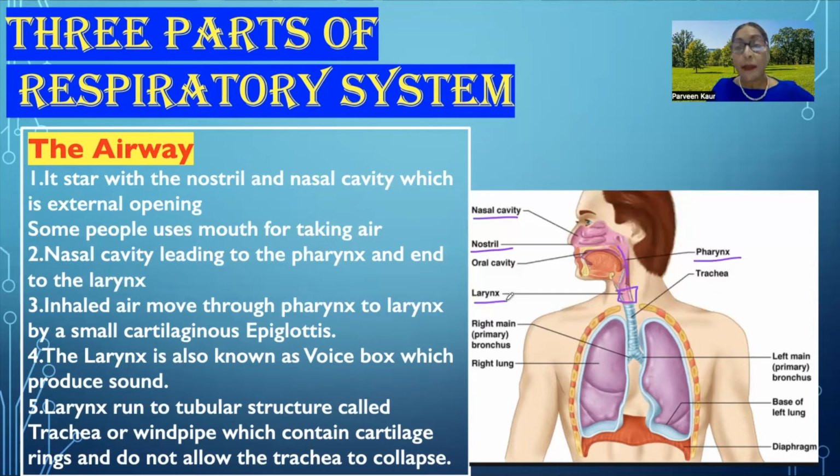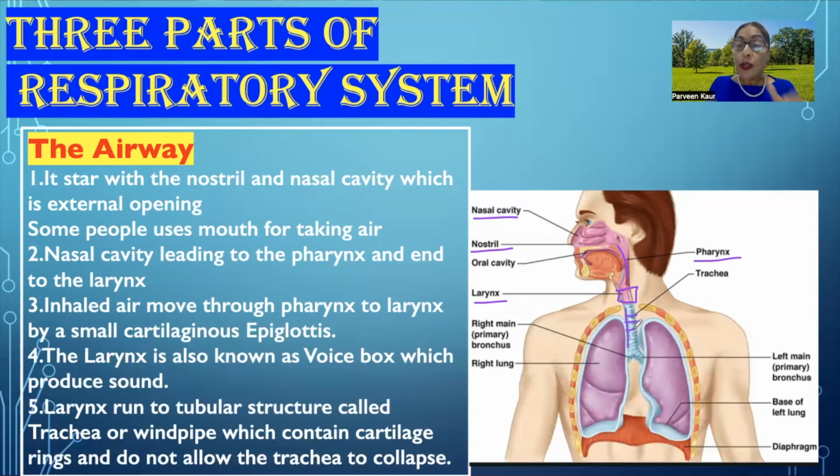Because the name is voice box, it produces sound. Next, you can see this blue colored structure in the diagram. This is the trachea. Trachea is a long tubular structure. Here you can see it is provided with ring-like structures made up of cartilage. Now the question arises, why is it covered with cartilaginous structure?